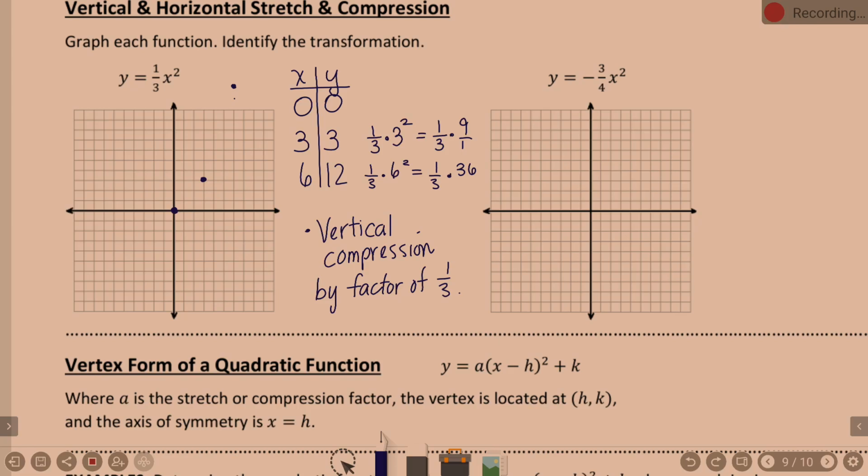So, okay, now all I've done is put the points for the right-hand side. Did you put your left-hand side in? If we went 3 right and 3 up, we also have to go 3 left and 3 up. If we went 6 right, 12 up, we have to go 6 left, 12 up.